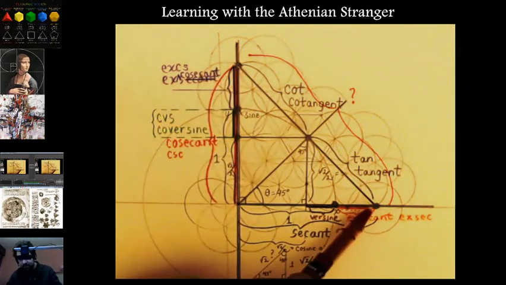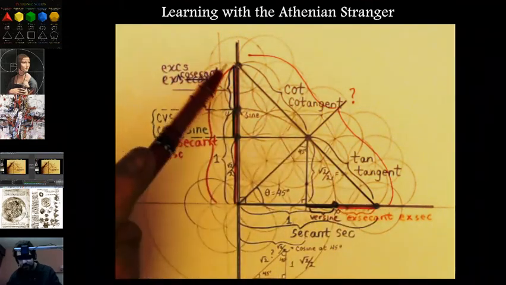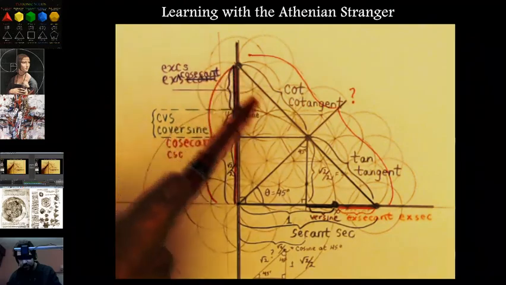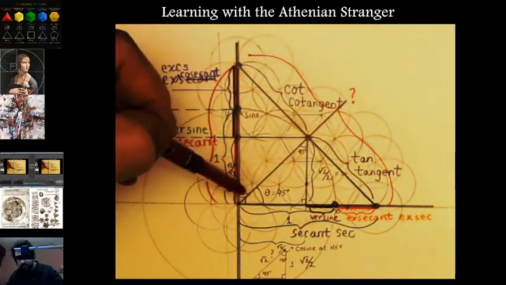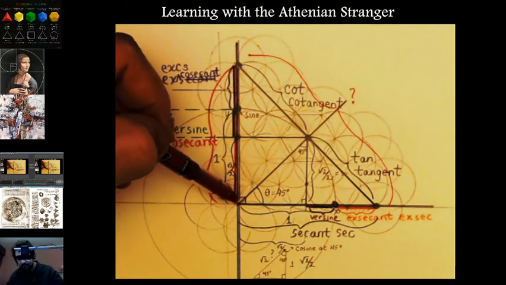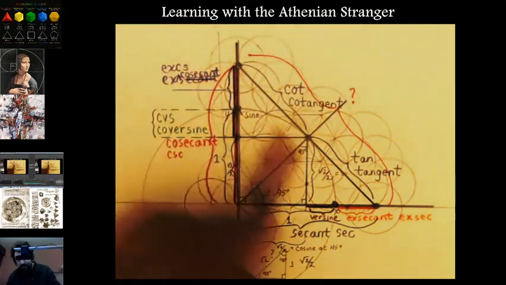Without those 2 points, I never would have known precisely where to put my straight edge to create a tangent to 45 degrees. The 45-degree angle. I needed that.